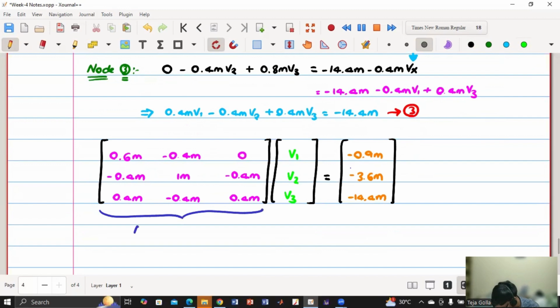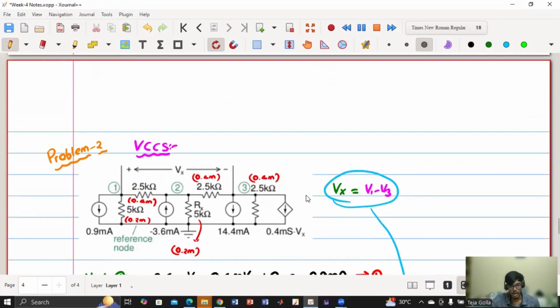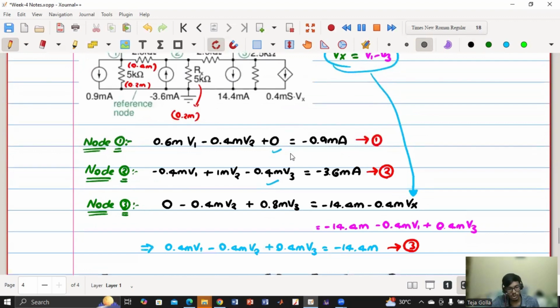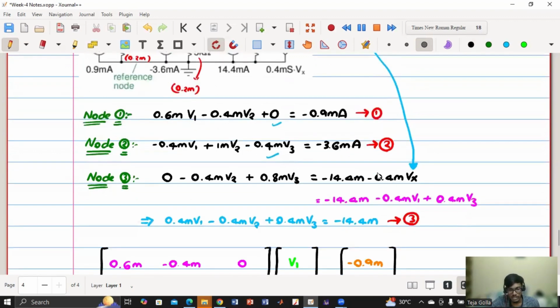One thing I'm writing: it is no more symmetric, because there is one dependent source and it is only at a particular node. If this expression is 0, then we'll have 0.6, minus 0.4, 0; minus 0.4, 1, minus 0.4; 0, minus 0.4, 0.8. So this matrix is symmetric if Vx is equal to 0. If this element is not there, then this is symmetric.